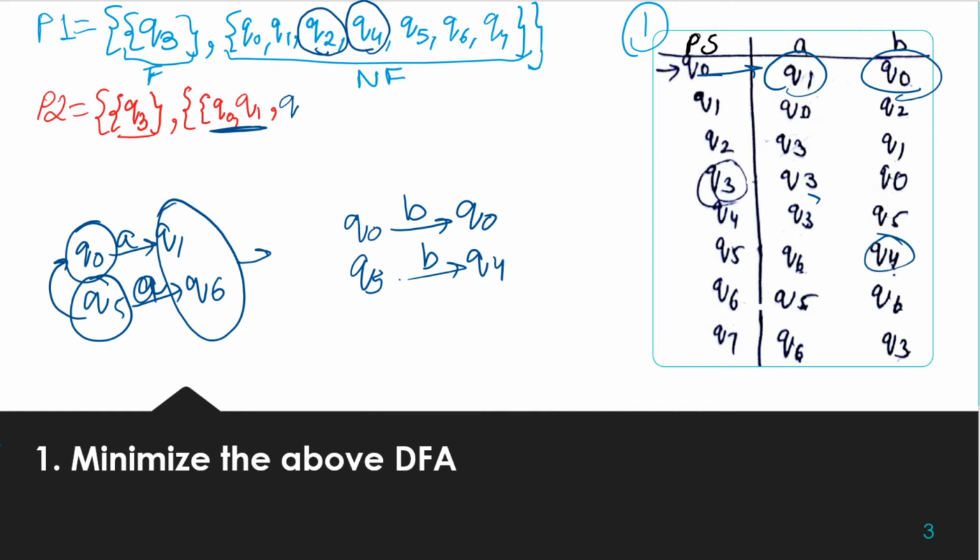Q0 and Q4 both are part of the non-final group from the previous partition, that is partition 1. So we can say that Q5 can be put together with Q0 and Q1, as Q5 is compatible with Q0, and if it is compatible with Q0, it will also be compatible with Q1. So here we can have Q5.